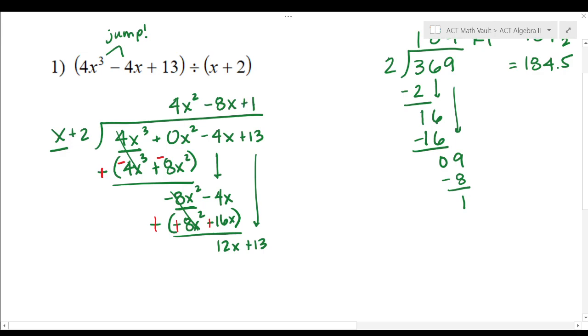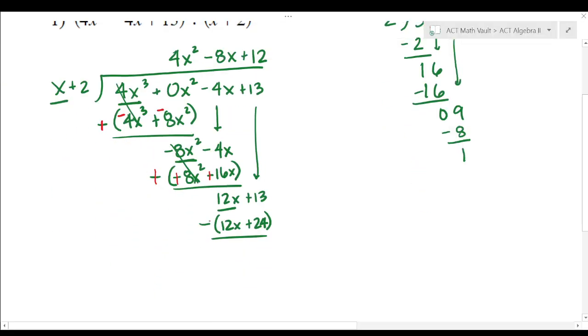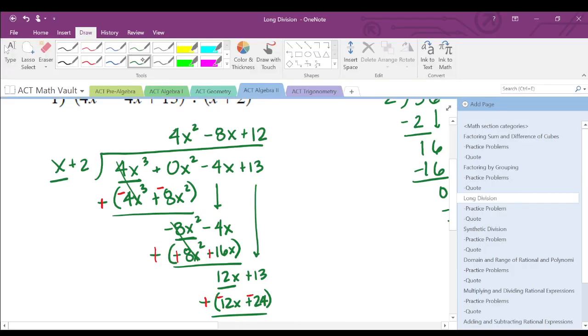So then what's left here is, remember, first term into first term, the 12. I'm going to subtract off, and we need a 12x plus 24 for that bit. Distribute my negative. Then we have a remainder.